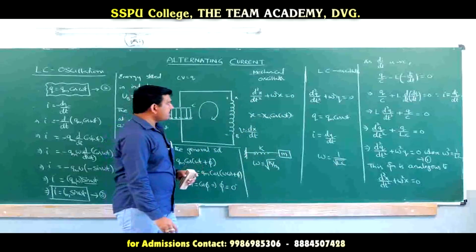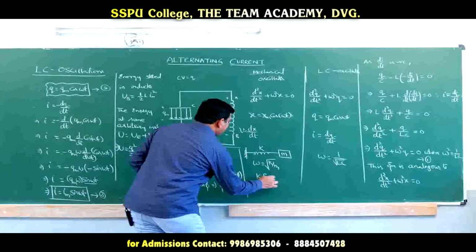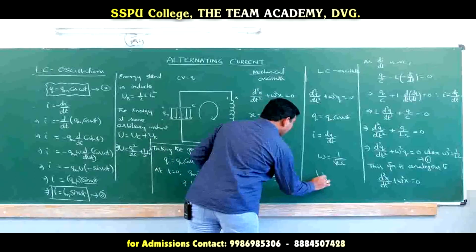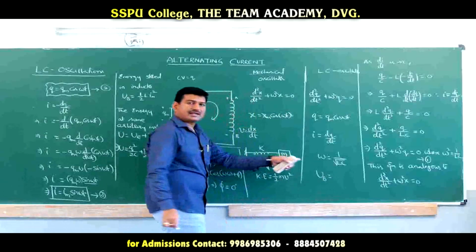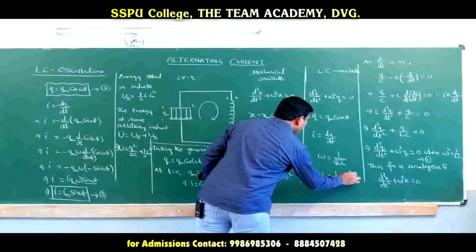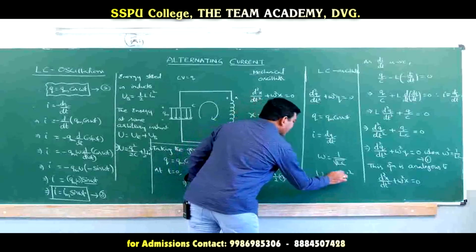And one more thing is, here the kinetic energy formula is equal to what? Kinetic energy is ½mv², and in this case it is represented by the magnetic energy, which is ½Li². If you see these two, the role played by mass is played by inductance.